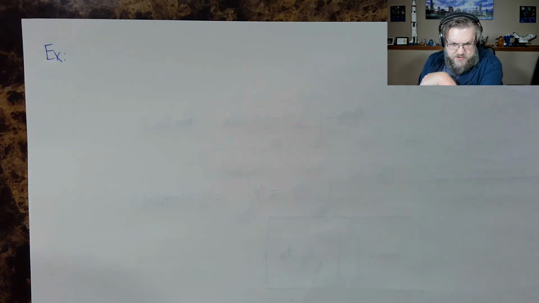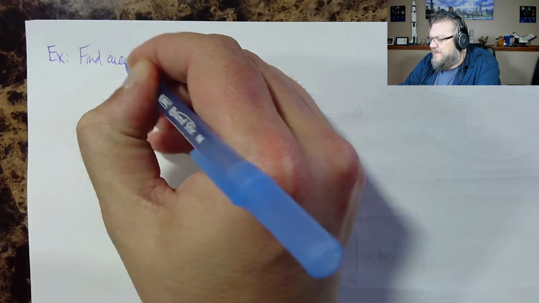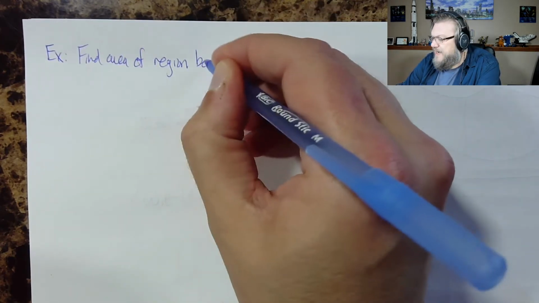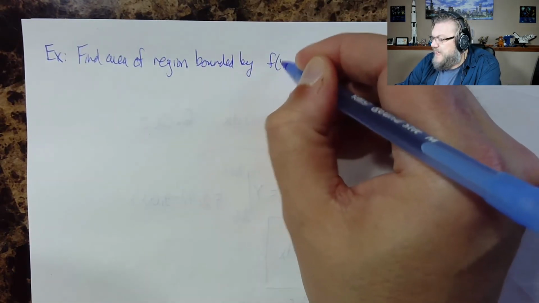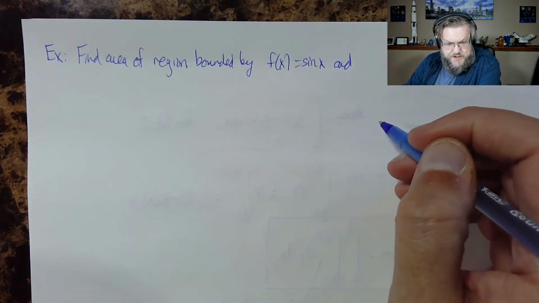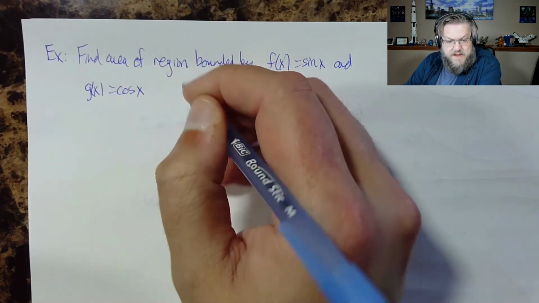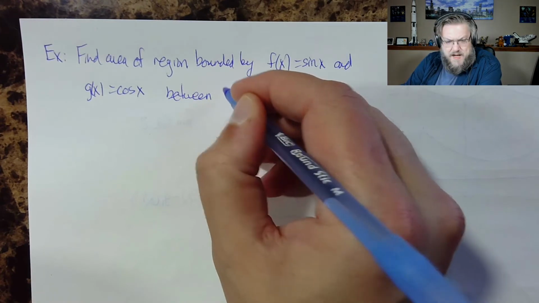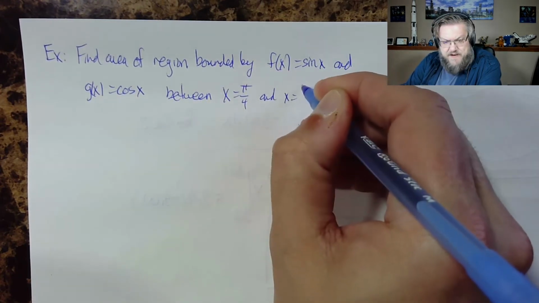Let's find the area of the region bounded by sine of x and cosine of x, between x equals pi over 4 and x equals 5 pi over 4.